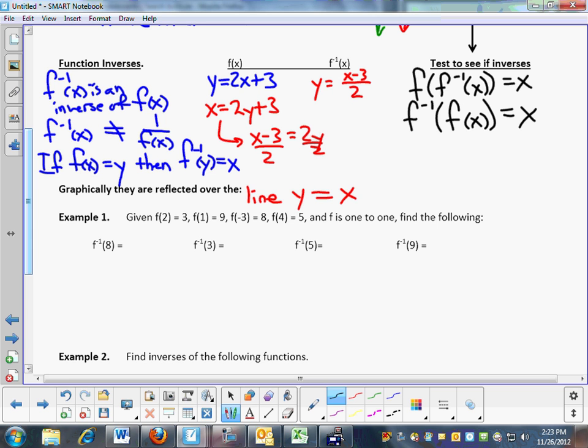Anybody remember what those are called? When we put two functions together like that, one inside another? Starts with a C. Composition. This is a composition of functions.